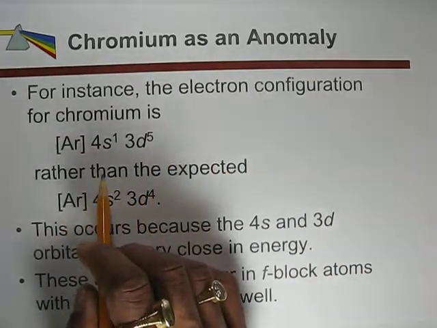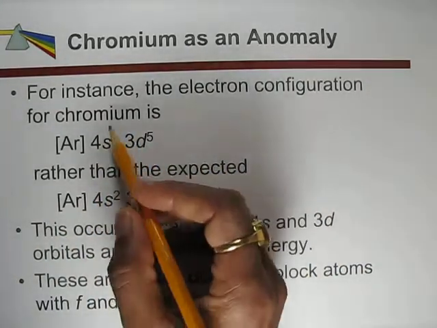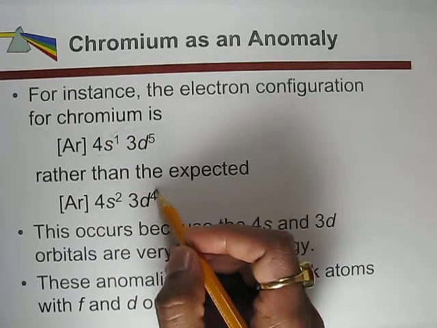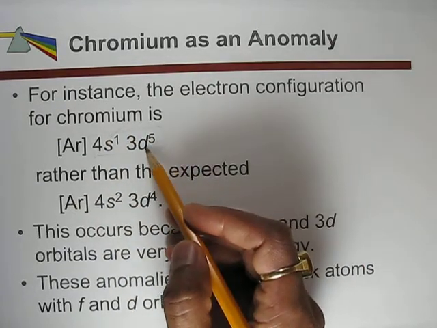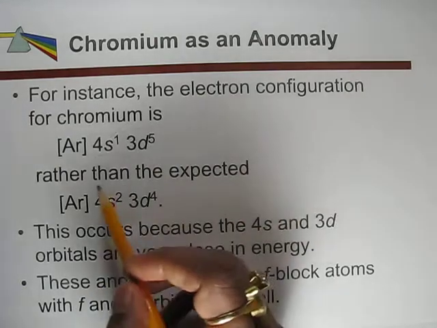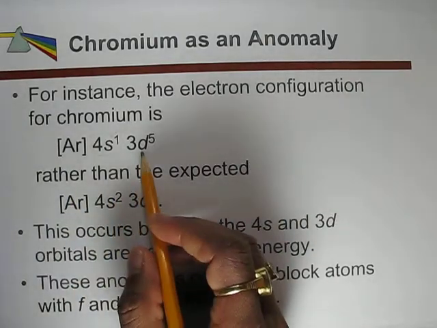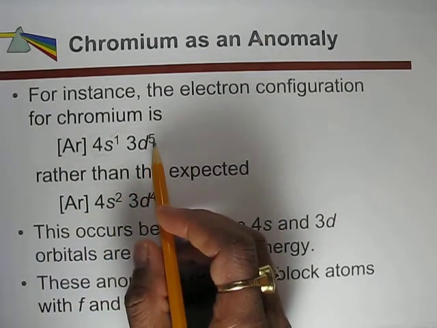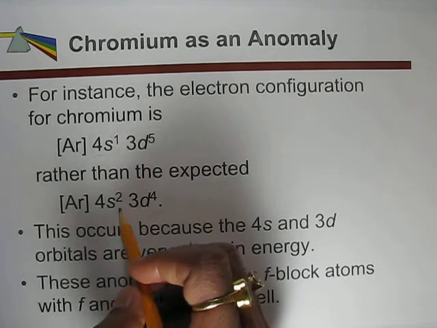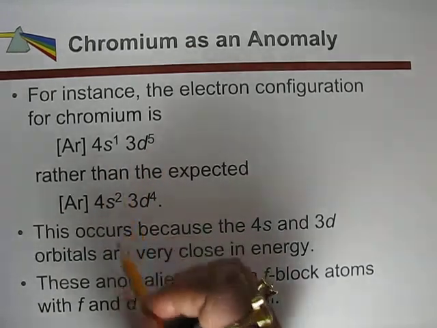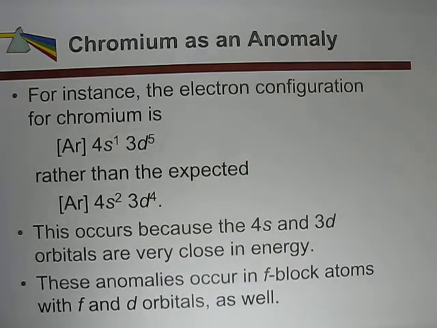The chromium has a tendency to lose this last electron so that it can attain d5, or it can get one electron from the s to complete its d subshell, as we have seen in case of iron also.